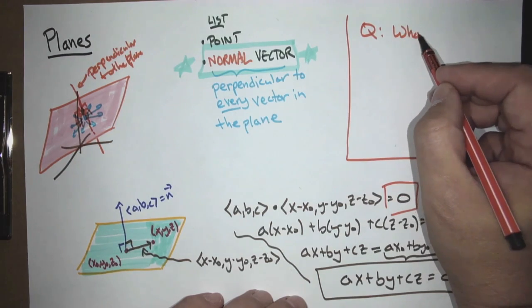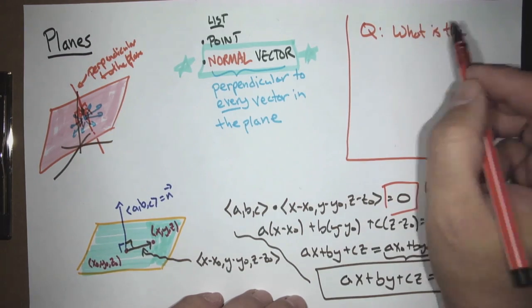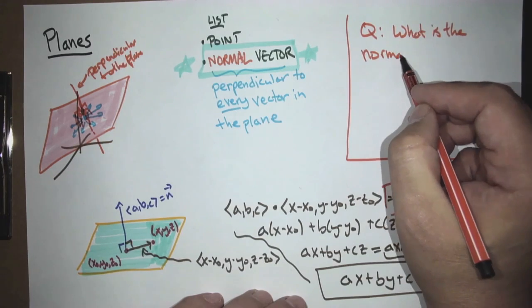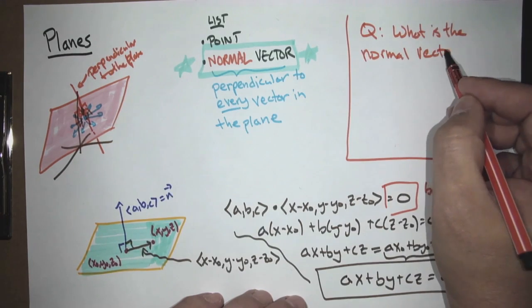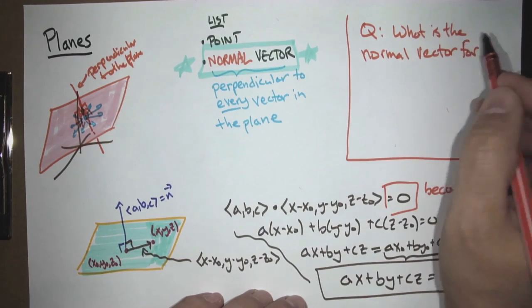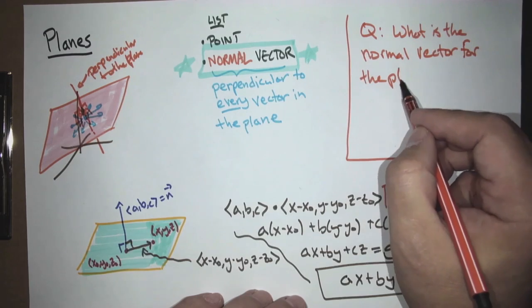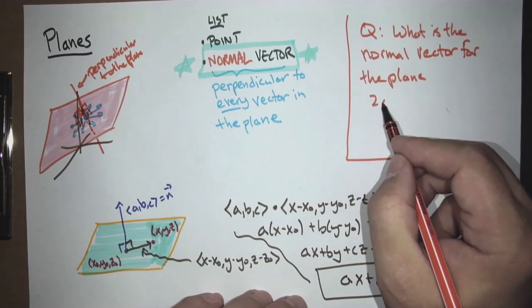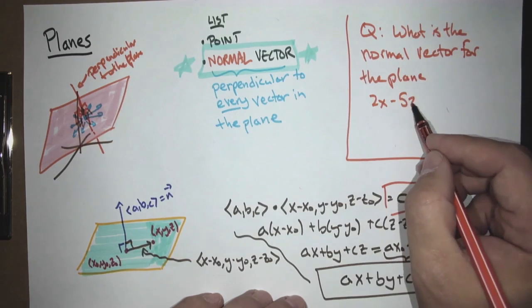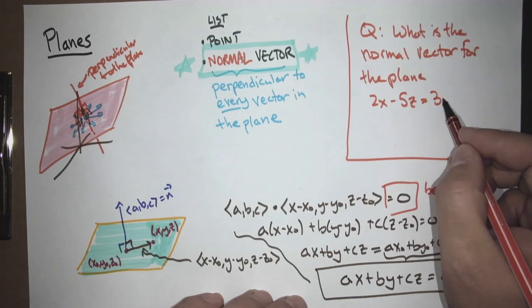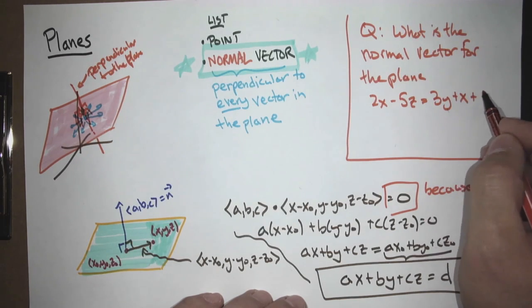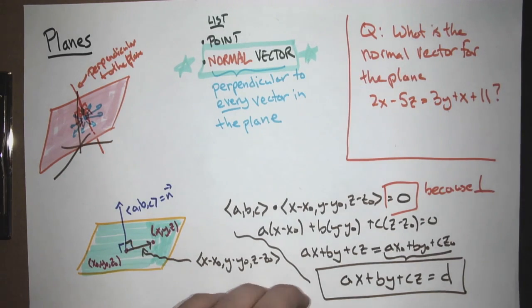What is the normal vector for the plane 2x minus 5z equals 3y plus x plus 11? Is that possible to find it?